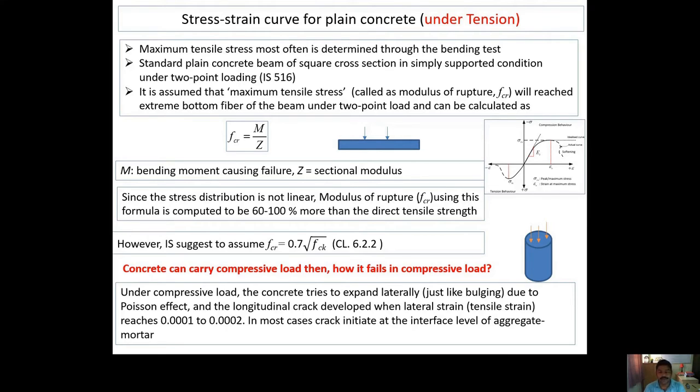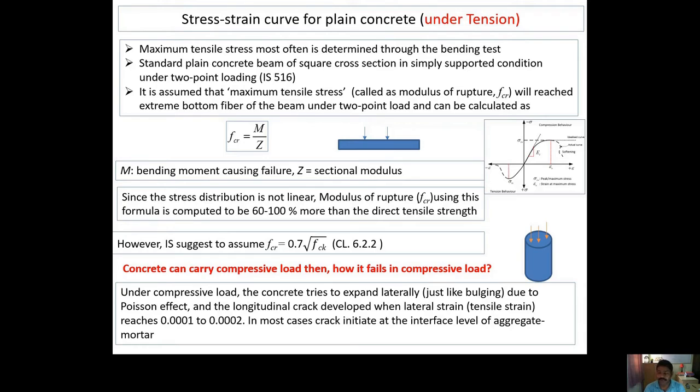But the problem is that the concrete is non-linear in nature, parabolic from the beginning. In that case you cannot get a good result. In most cases it is observed that the modulus of rupture comes in the range of 60 to 100% more than the direct tensile strength.